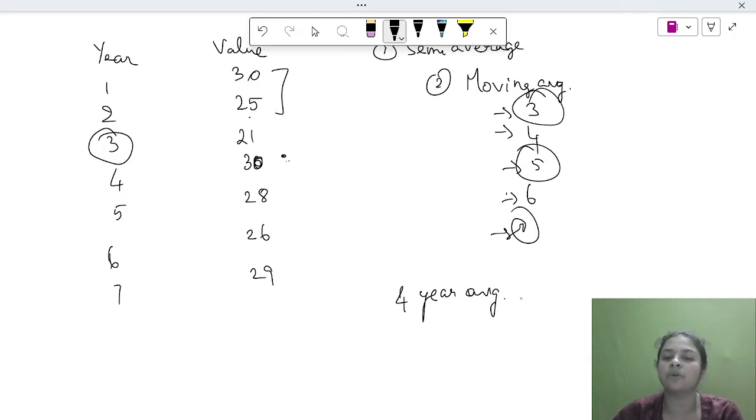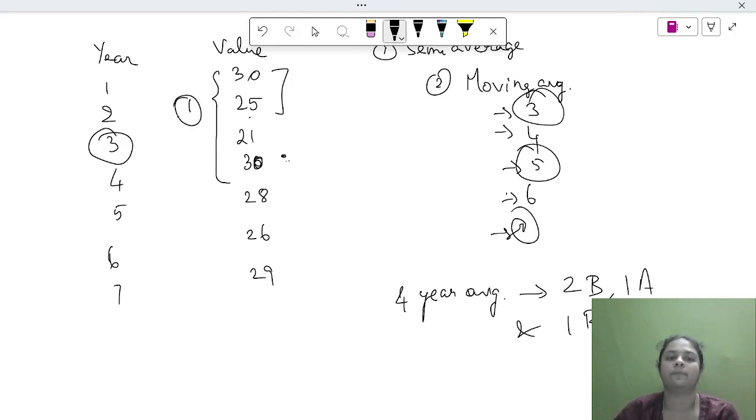Remember the rule for 4-year average, it is 2 years before, 1 year after, and 1 year before, 2 years after. You have to take both. So let us do for year 3 here. Year 3, 2 years before: 1, 2, 3, 4. So this is one combination. Another combination will be 1 year before, 2 years after: 2, 3, 4, 5.